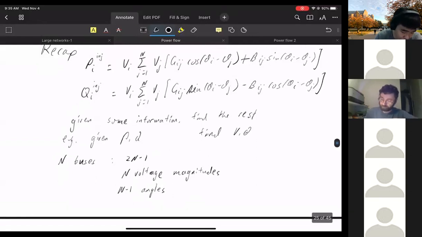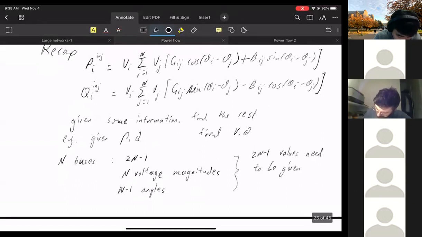So the idea is that 2n minus 1 values need to be given to solve the power flow equations. This is where we stopped last time.